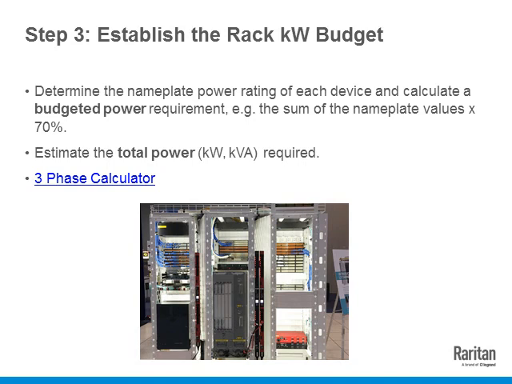There are other customers that have taken a very aggressive approach of estimating this at 50% of the nameplate value. This could be based on their experience in the past, taking a look at all the same servers and devices over a period of time and understanding that the power draw has never gone beyond 50%.